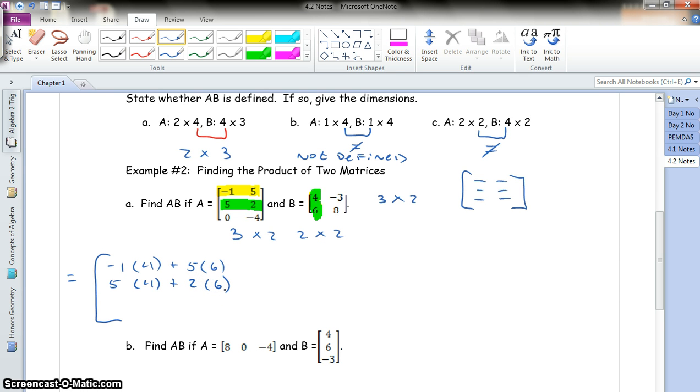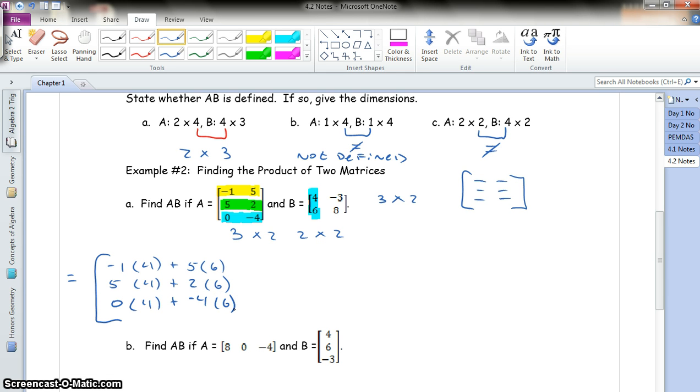As you can see, I just made a small mistake there and I fixed it, but this can get tricky. The third piece is now we're going to take the third row by the same column and do that process again. So I have 0 times 4 plus -4 times 6.